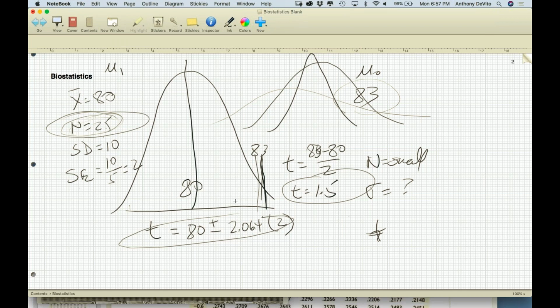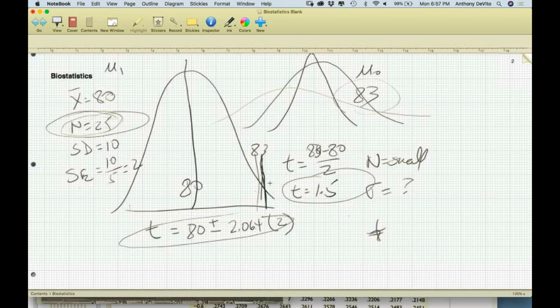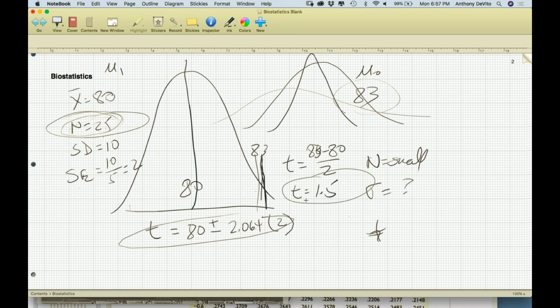Okay, so if I wanted to check to see if the value is far enough apart, I can actually calculate whether or not I've exceeded the t value that I need to say I'm 95% certain these two means are different. Okay, so let's see.